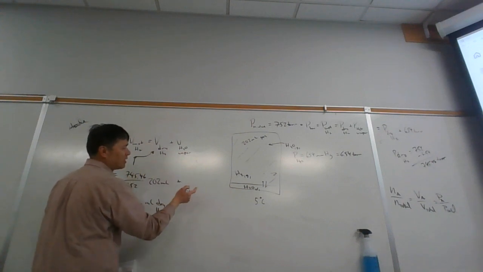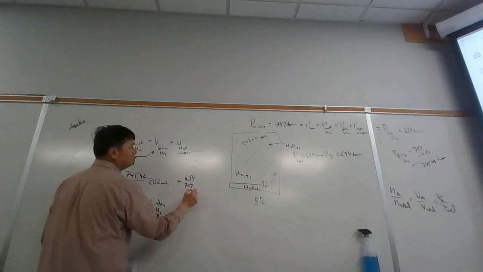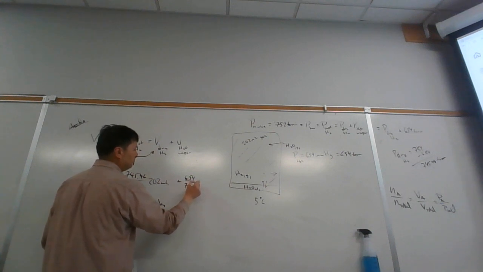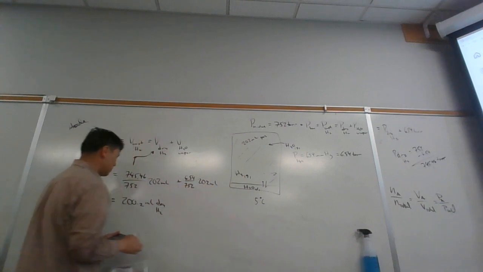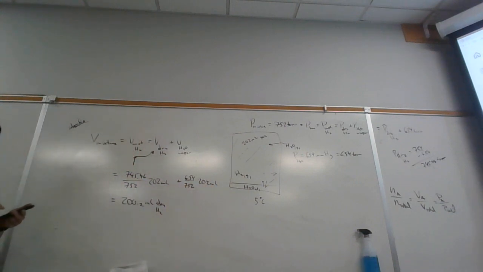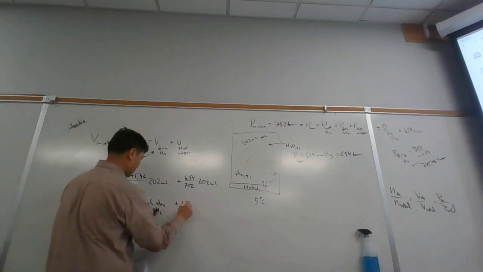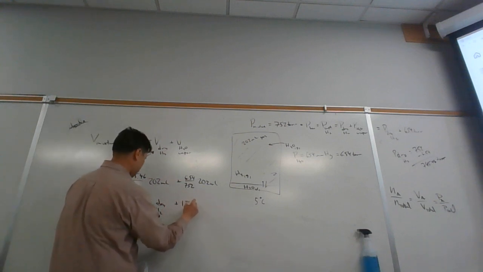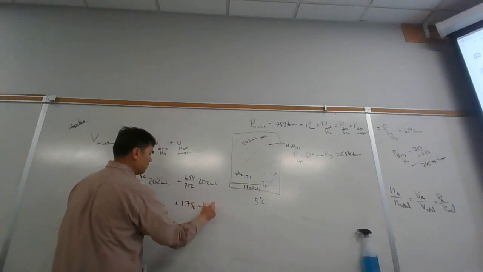Well, what's the pressure fraction of water vapor? It's going to be 6.54 out of a total of 752 torr times the total volume of 202 milliliters. So this would be the volume fraction for this. 6.54 divided by 752 times 202, 1.756 milliliters of water vapor.